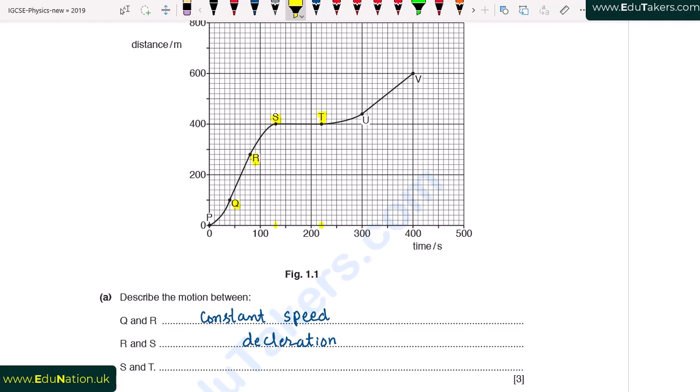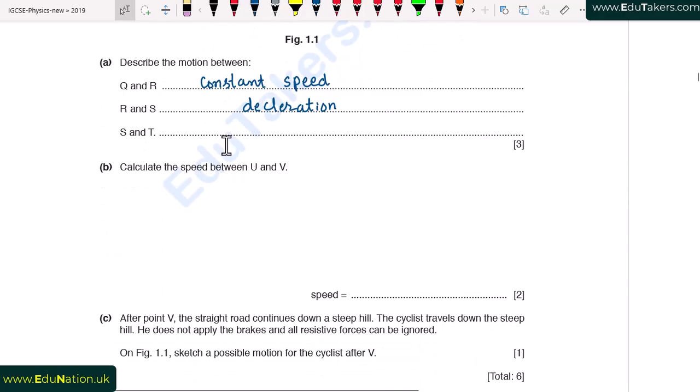So between 160 seconds and 240 seconds, the distance remains the same, that is 400, but the time changes from 160 to 240. So here we can simply say that the object is stationary, it is at rest. That's why the distance is not changing but time passes. I write here: stationary object.